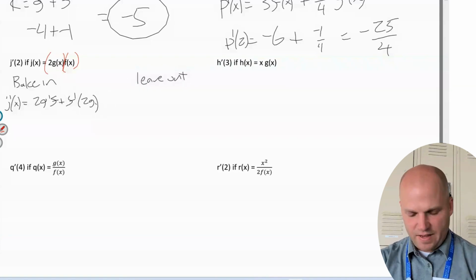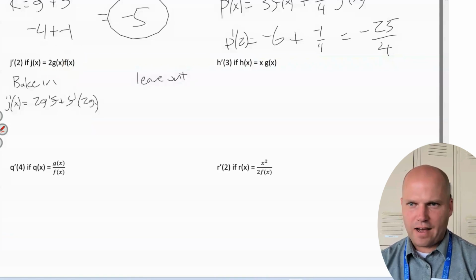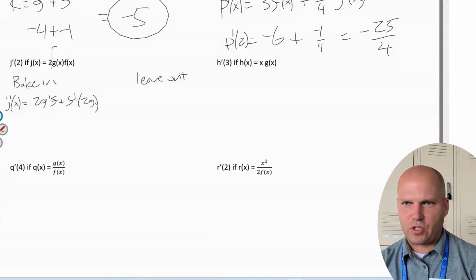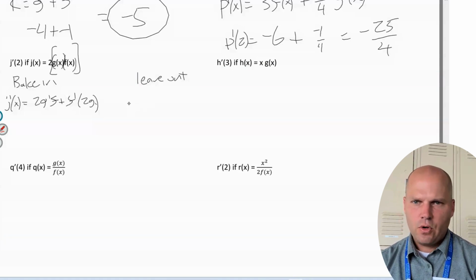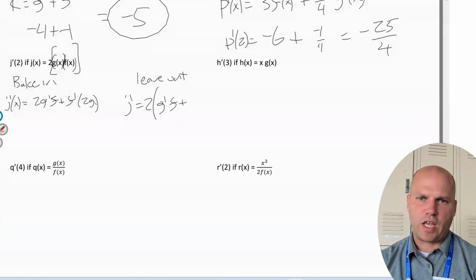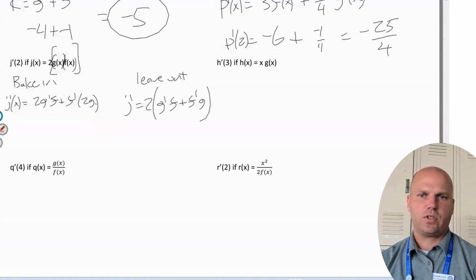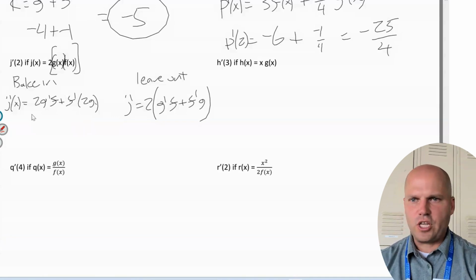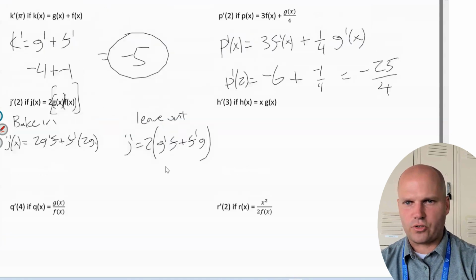What do I mean by leave it out? Leave it out says just worry about the 2 later and just do g times f. So your slopes are 2 times the slopes of the first times the second plus the slopes of the second times the first. You'll see you either have it distributed in or you'll distribute it in later.